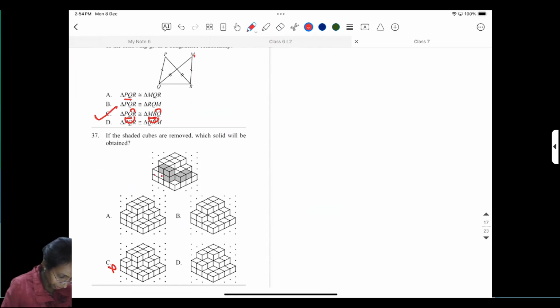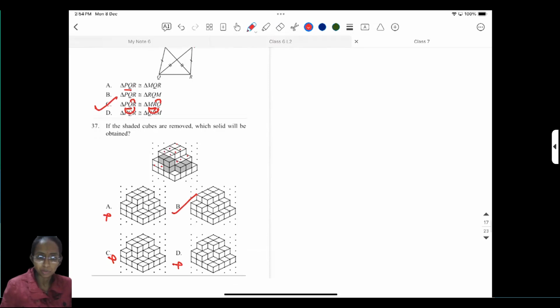Now from the top one, we will observe the 6 cubes lying there. So this is again incorrect. Now here we will be having 1, 2, and 3 cubes. So this is incorrect and B option is the correct option.